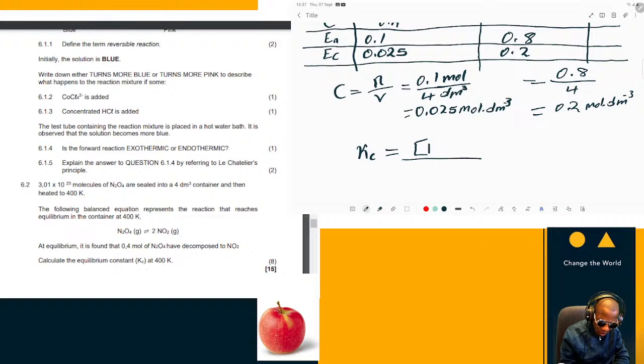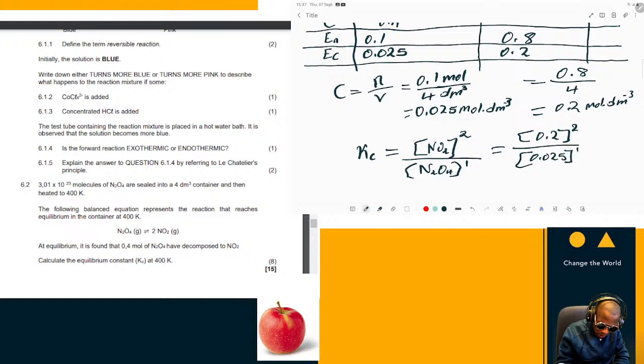Here we have NO2, its coefficient is the power, then N2O4 with its power of 1. So we have the concentration 0.2 to the power 2 over 0.025 to the power 1. Therefore our Kc is 1.6.